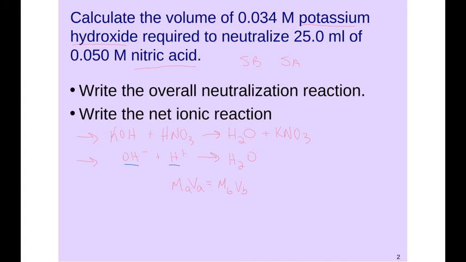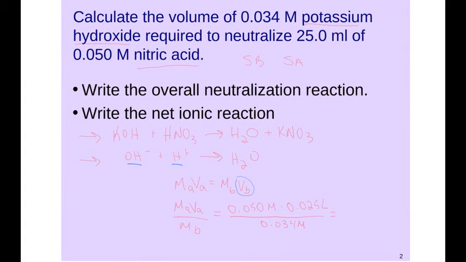And when we solve this for the volume of our base, we get 0.0368 liters, which we would always like to report in the same unit that it was given to us. So if we convert this back into milliliters, that is 36.8 milliliters of our potassium hydroxide are needed for this neutralization to occur.